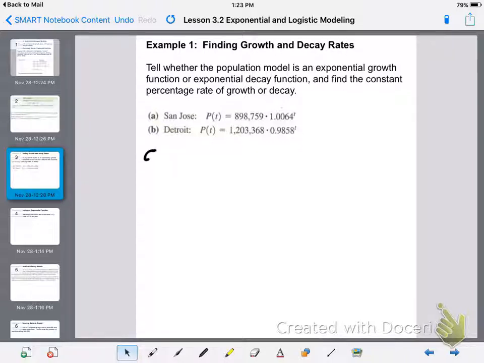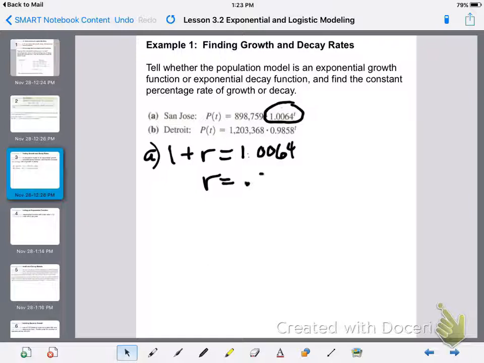So if I look at part A, the only thing I'm worried about is that right there. So 1 plus r equals 1.0064. So if I subtract 1, I get 0.0064.